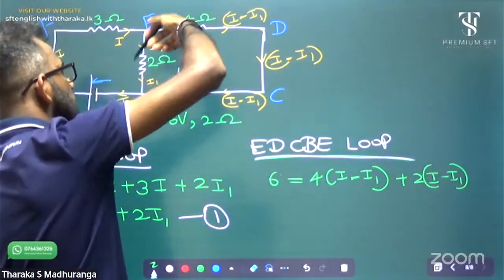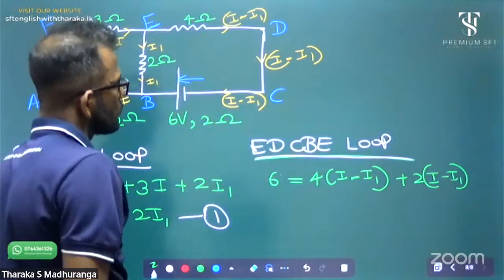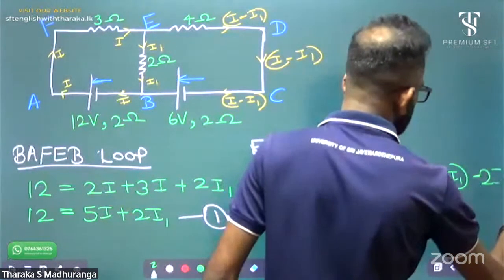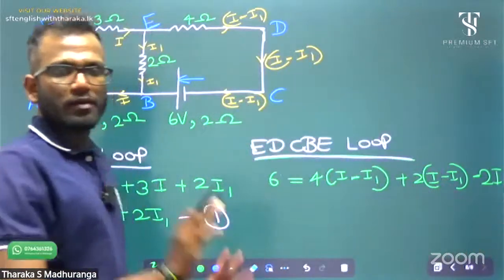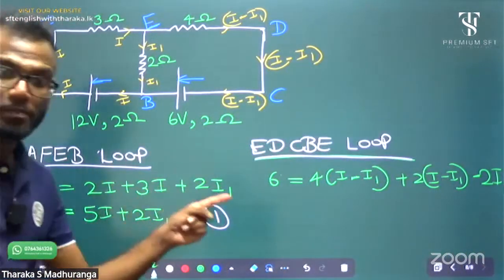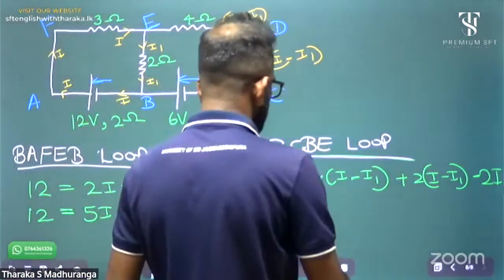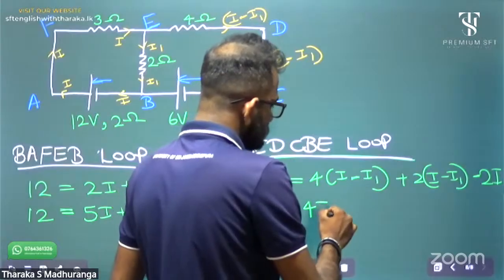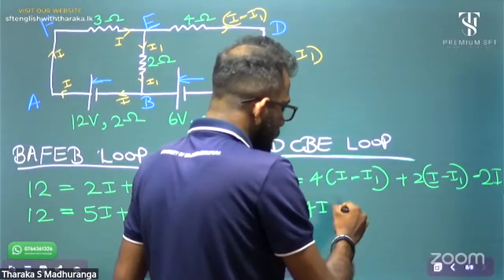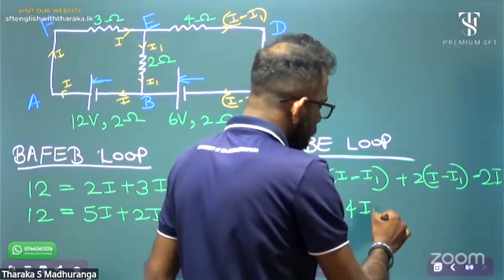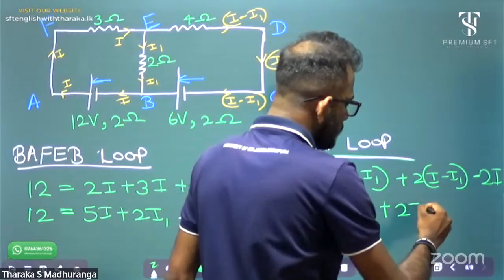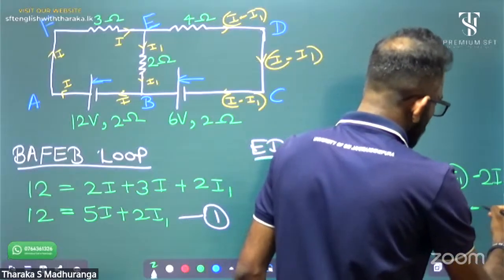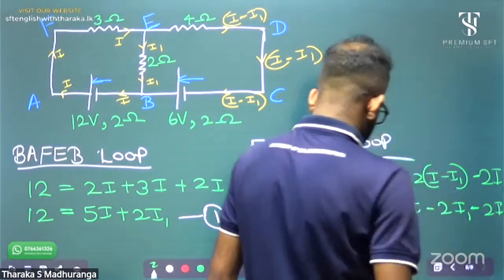BE part, my direction and current direction opposite, therefore minus 2I1. You have to be very careful when you use these plus and minus values. Okay, then 6 equals 4I minus 4I1 plus 2I minus 2I1 minus 2I1.